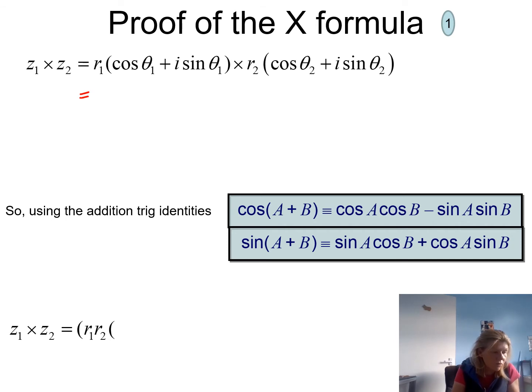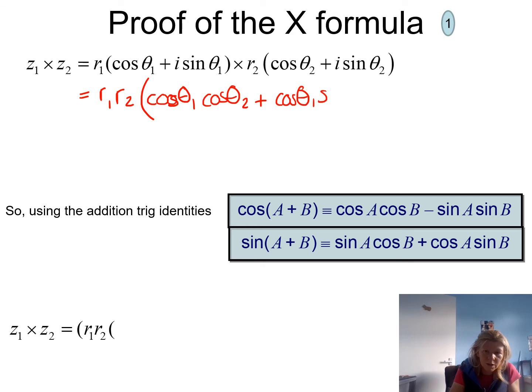So we've got r1 r2, big bracket, and if we do this, we'll have cos theta 1 cos theta 2, plus i cos theta 1 sine theta 2, plus i sine theta 1 cos theta 2, and then subtract sine theta 1 sine theta 2.